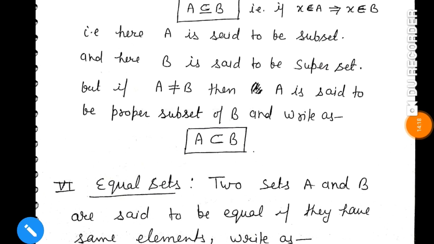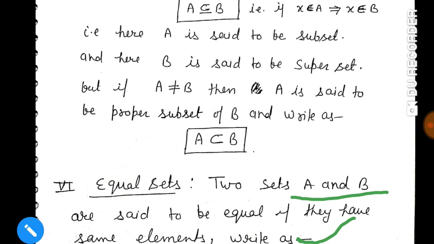Next is equal sets. Two sets A and B are said to be equal if they have the same elements. Equal means equal, everything is equal.